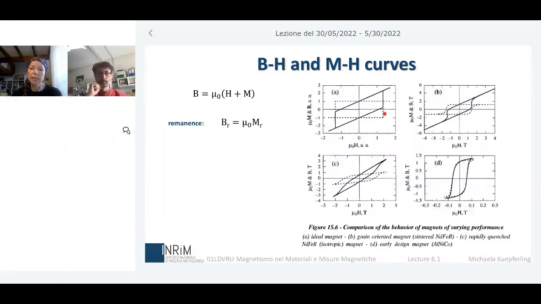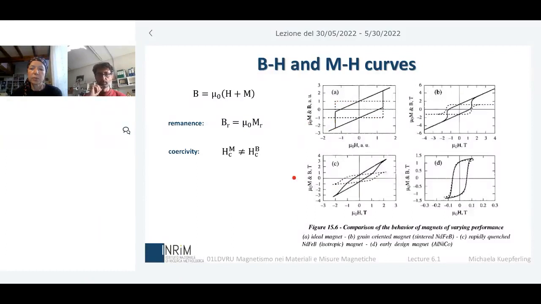And you can see a very squared loop, especially in the M/H curve. And this is because, of course, we want a very high remanence, almost as high as possible. And not only that, we want the remanence to be stable in a very large field range. So you can see here in the ideal magnet, of course, it does not change at all, and then it switches down immediately to the other remanent state.